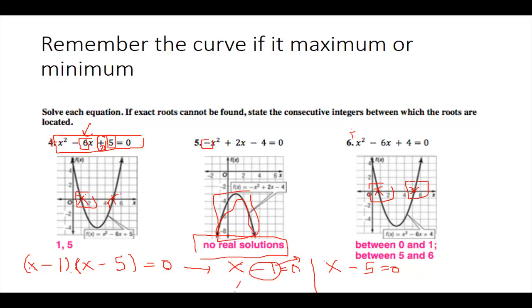So x is going to equal positive 1, moving the negative 1 to the other side by different sign. And here we move the negative 5 to the other side, so x will equal positive 5. So we have x equals 5 and x equals 1.